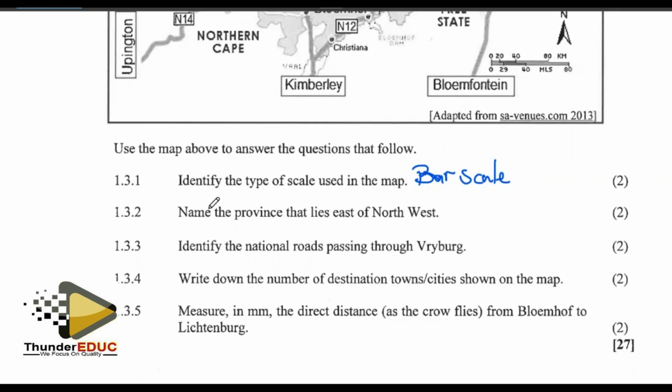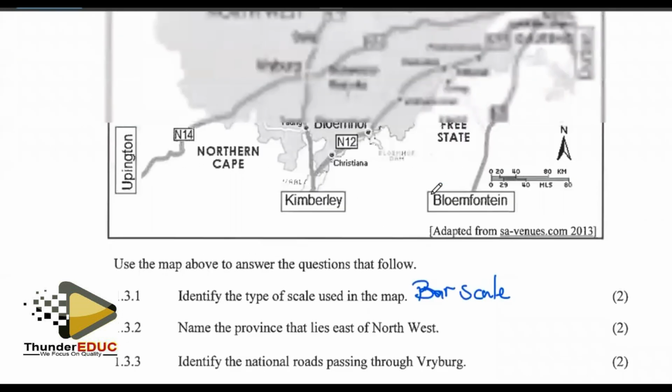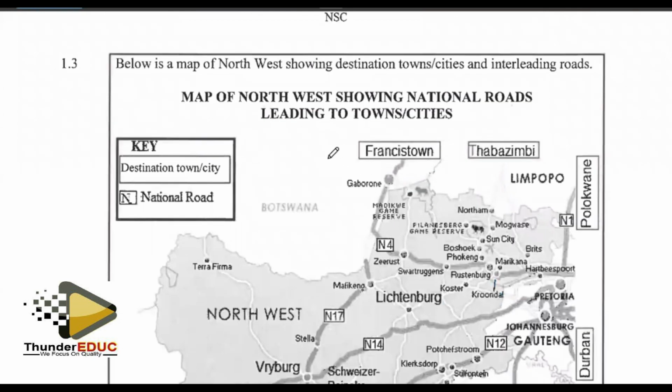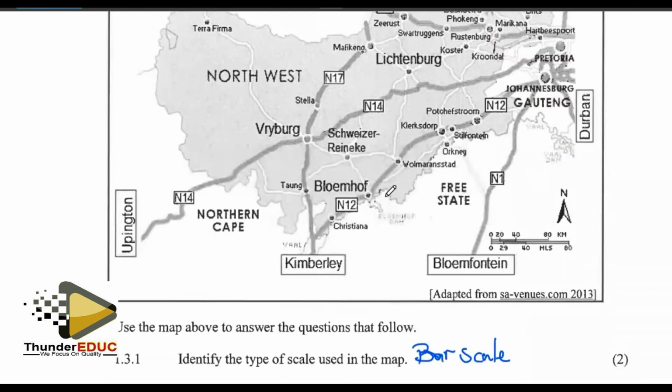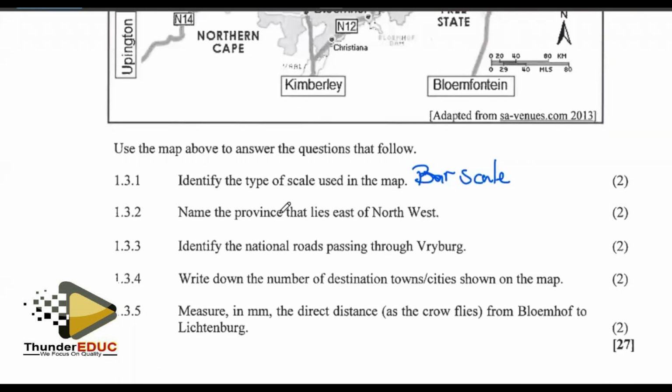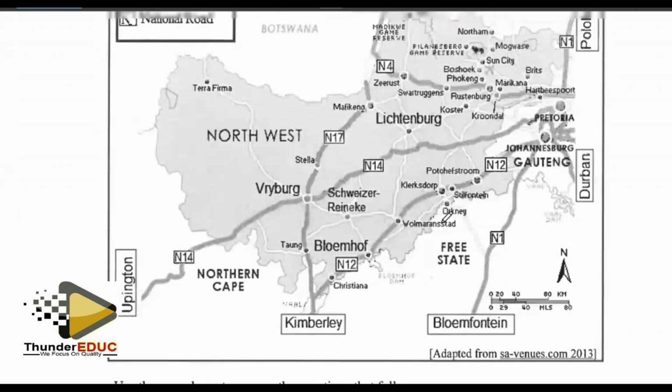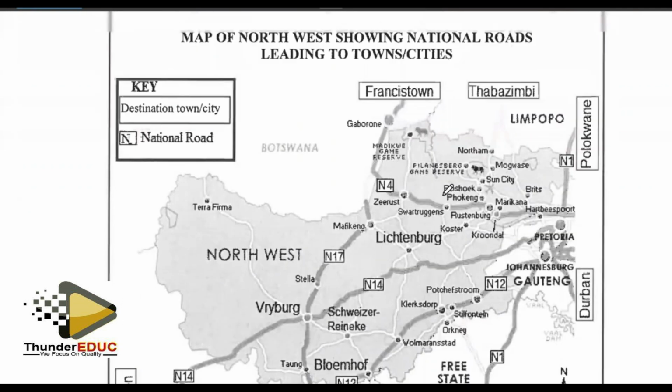Name the province that lies east of Northwest. Remember, what is the map about? It's for the Northwest. So definitely, Northwest cannot be east of Northwest. So they are saying, name the province that lies east of Northwest. First and foremost, look for a compass.